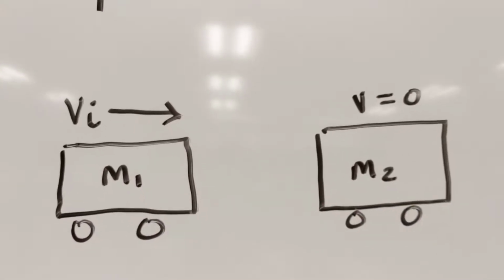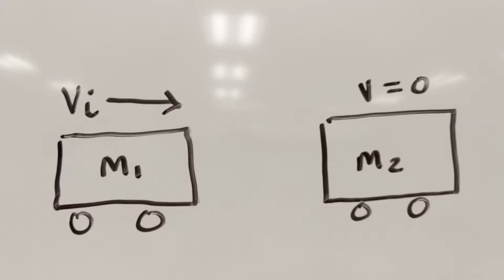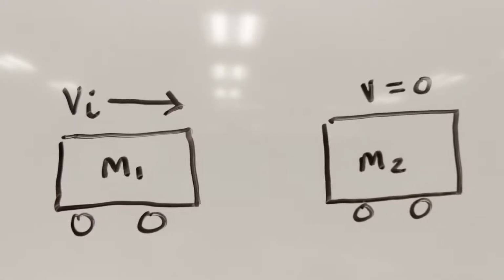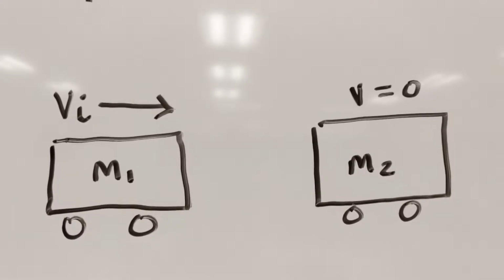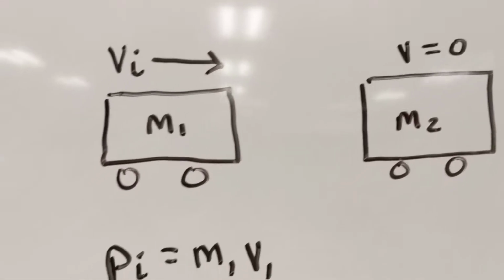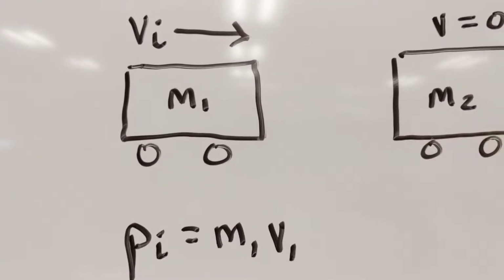So in this case, m1 is going to be the mass of the moving cart, and it's going to have an initial velocity of v initial. m2 is the mass of the standing still cart, and that's going to have an initial velocity of 0. So the initial momentum of the system is m1v1.